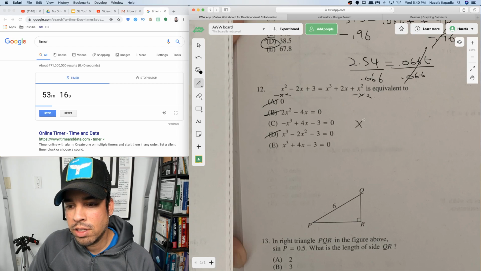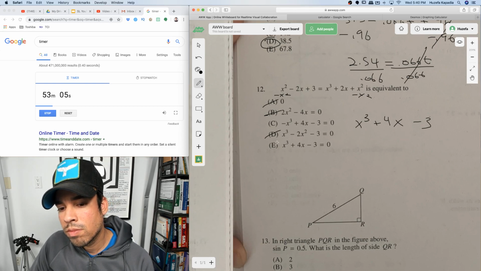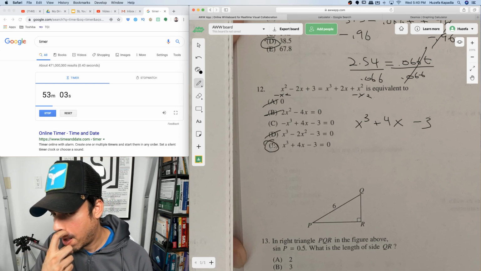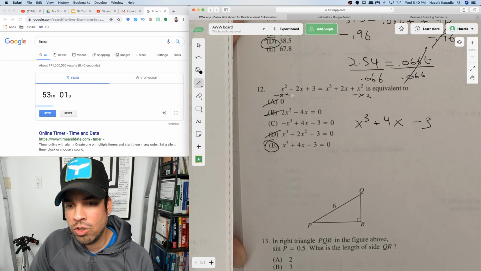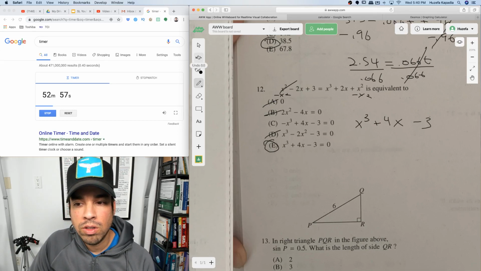So it should be x cubed plus 2x, and then add 2x to that side, plus 4x minus 3 equals 0. That's it. X cubed plus 4x minus 3. These guys cancel out. Equals 0.